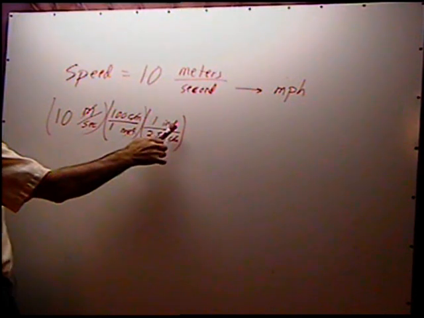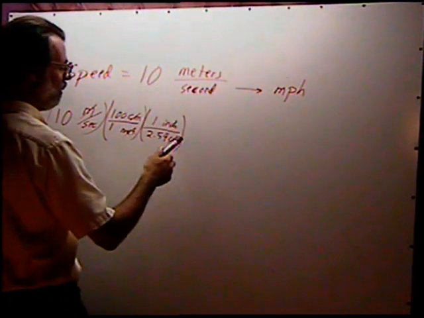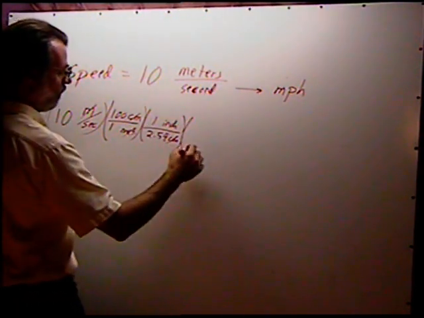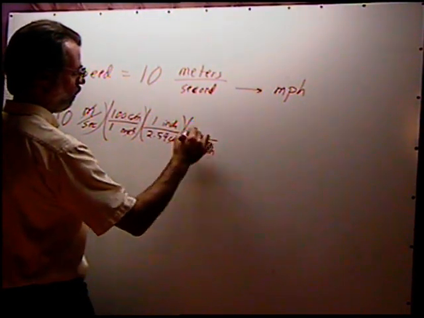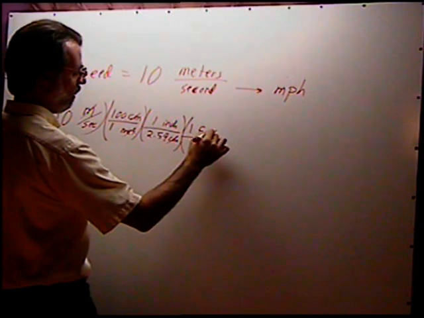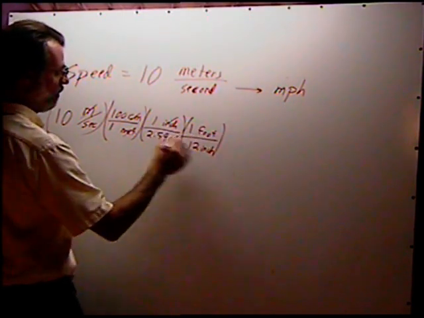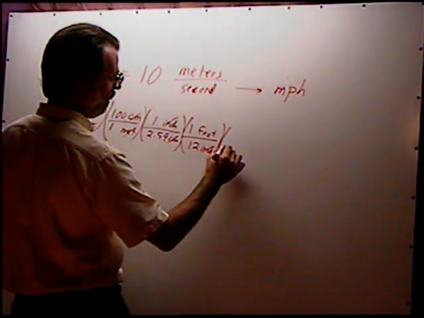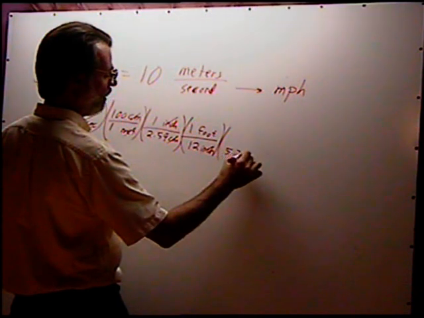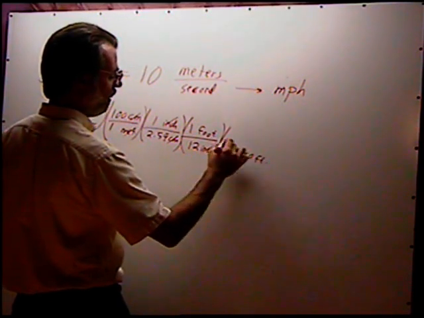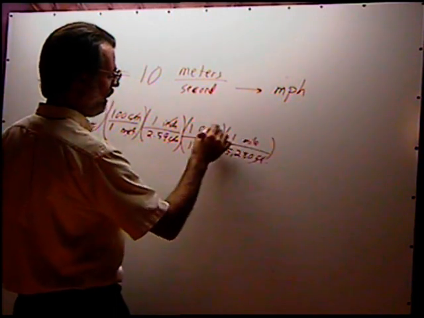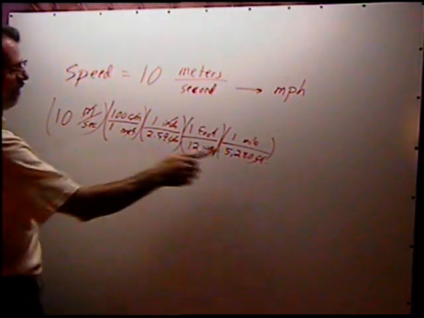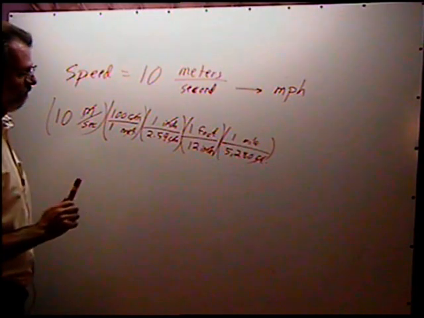Now I want to go from inch to mile, so 12 inches equals 1 foot. That's an exact conversion. The inches cancel out. And 5,280 feet is equal to 1 mile. So I finally made it from meters all the way to miles.